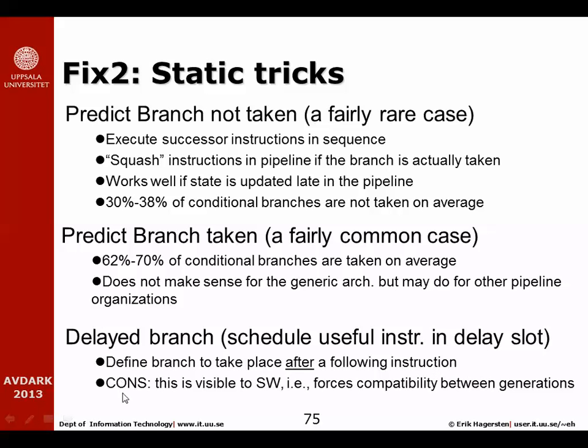But the drawback of this is that this is a software visible fix. Okay, so if we decide that the control hazard of an architecture designed today needs 1 bubble in the pipeline, that means that the compiler should find exactly 1 instruction and put it there. But what if the technology changes, so I need 2 bubbles in the pipeline in 10 years and 0 bubbles in the pipeline in 20 years?